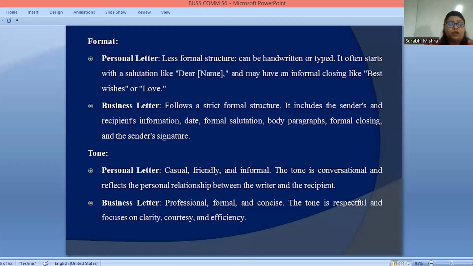In a personal letter, the tone is conversational. It reflects your relationship. But when we talk about a business letter, the tone is very respectful and focuses on clarity, courtesy, and efficiency, right?